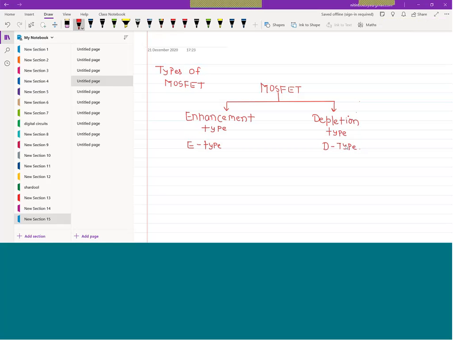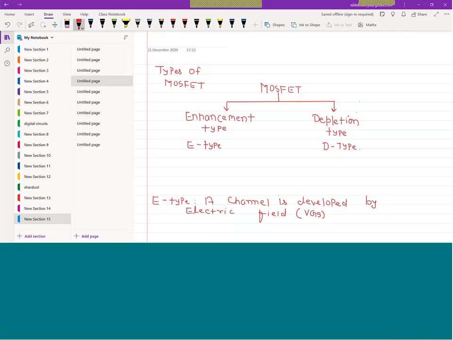In enhancement type MOSFET, the VGS, the gate to source voltage, is responsible for the channel. A channel is developed in enhancement type MOSFET by means of the electric field, or we can say by means of VGS.